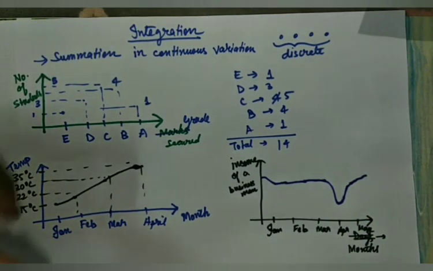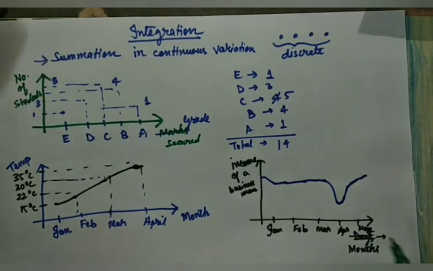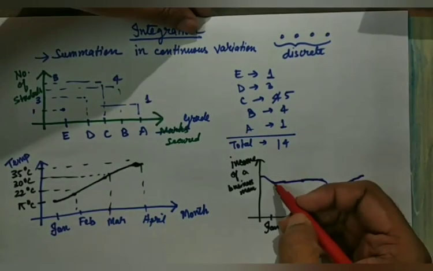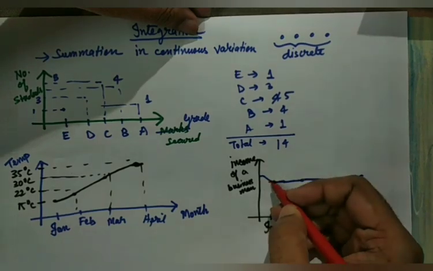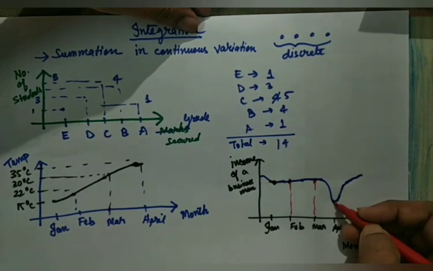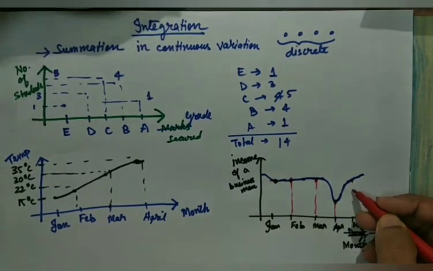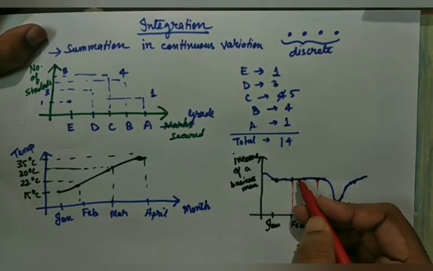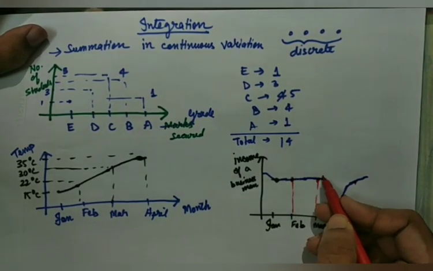If I ask you to calculate the total income of the businessman, can you calculate just like that? It is very difficult, because if I give you the data, like in January his earning was something, in February something, in March something, in April it came down, still you cannot calculate the total income, because you have to get all the data in between also.